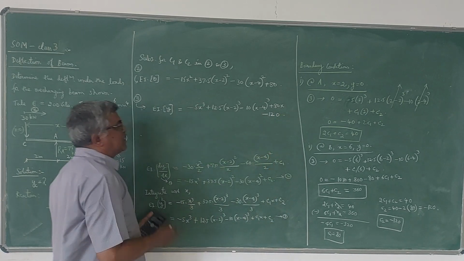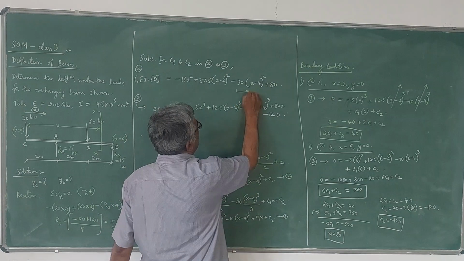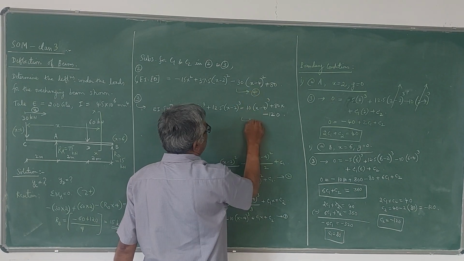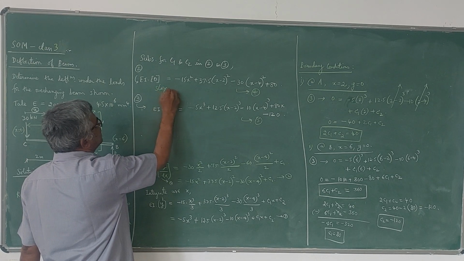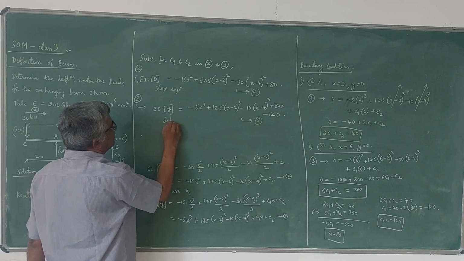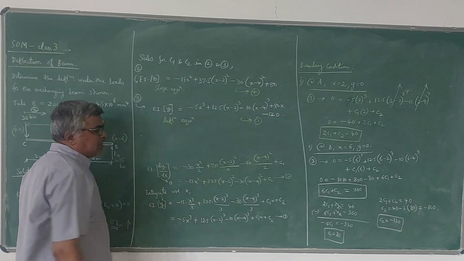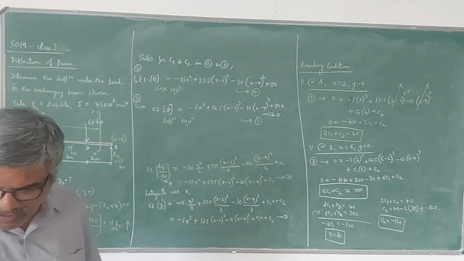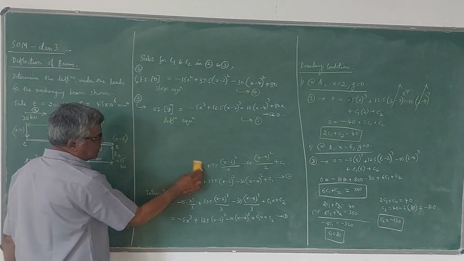C2 is minus 120. So these equations I call as 4 and 5. Equation 4 is the slope equation. Equation 5 is the deflection equation in general. Just by putting the values of x in these equations, we can get the required values of slope and deflection at the points.